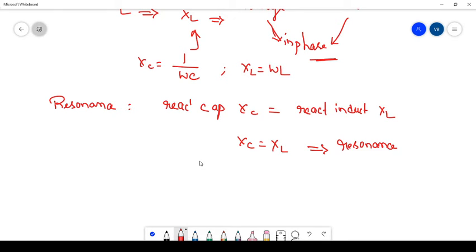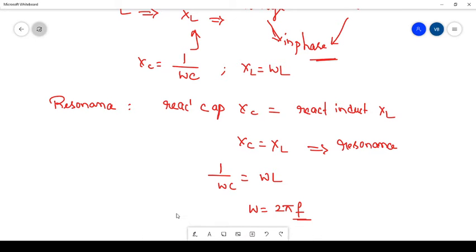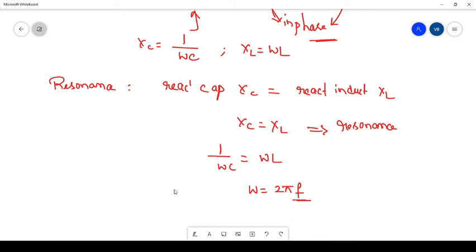Okay, so what is meant by XC? That is 1 by omega C. What is meant by XL? That is omega L. When we simplify these two, what is omega? That is 2 pi f, so we can substitute omega equals 2 pi f. What we are calculating here is the resonance frequency, the frequency at which resonance will occur.